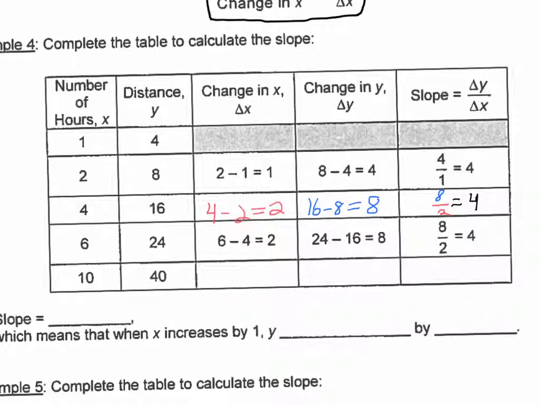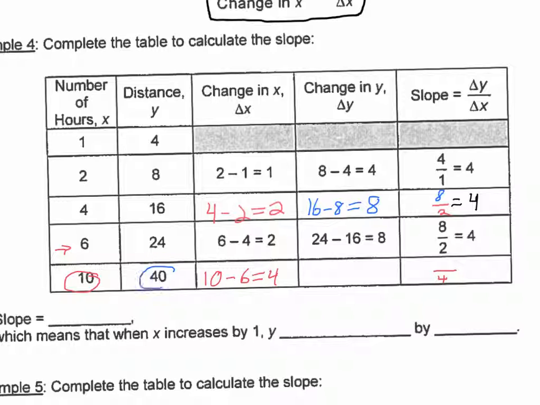Let's do the change in x. We choose this row's x, that's 10, and we're going to subtract the x right above it, which is 6. So 10 minus 6 is 4. So our horizontal change, our change in x here, is 4. Then I do my y values.